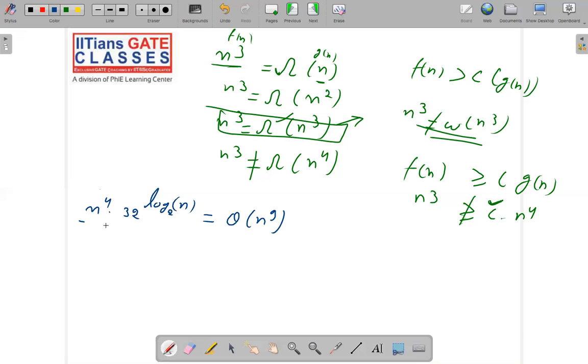Basically we have to solve this one. It says that we have to identify whether this is true or false.